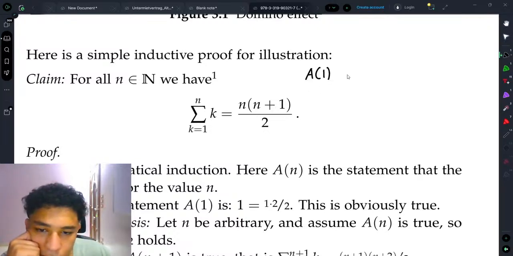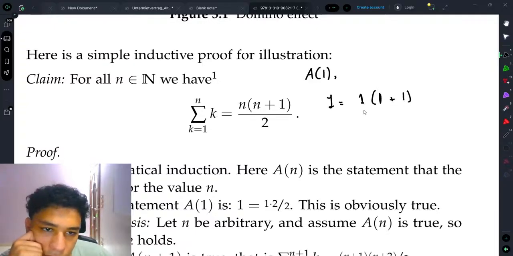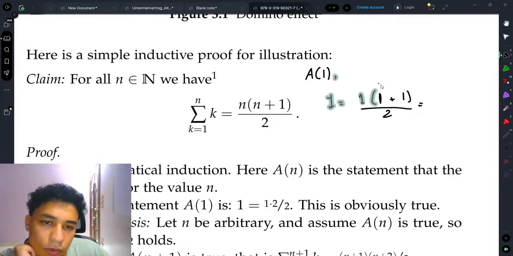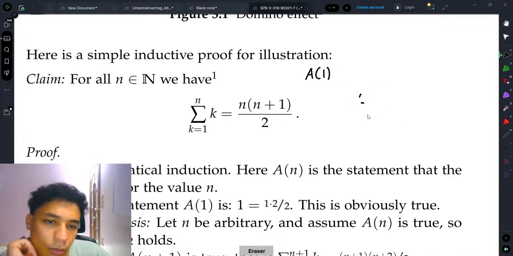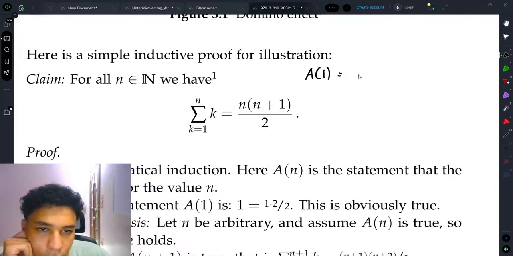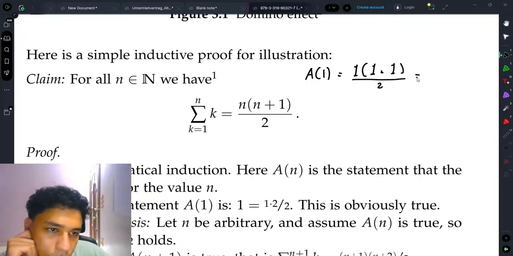A1. And for A1, I'm going to say that 1 should be equal to 1 plus 1 over 2, which equals, hold on, I should say a1 with brackets 1 equals 1 plus 1 over 2, which equals 1.